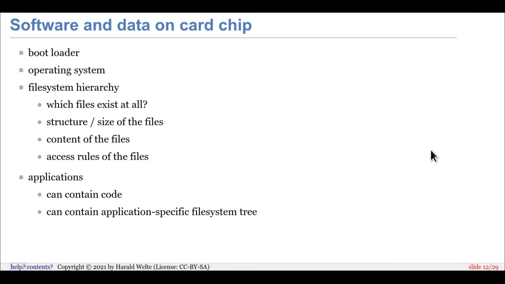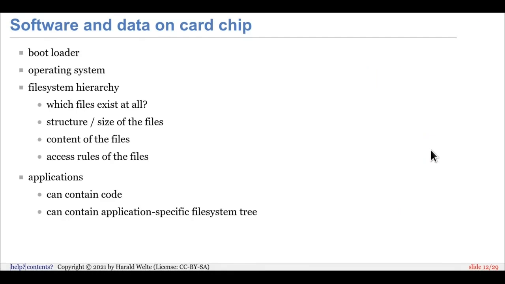We have the file system hierarchy, where I just showed this small graph, including which files exist at all, what size do they have, what structure do they have, what content do the files have, and what access rules exist for those files. And last but not least, the applications, which can contain code and or another application-specific file system tree, the so-called ADF, the application dedicated file.